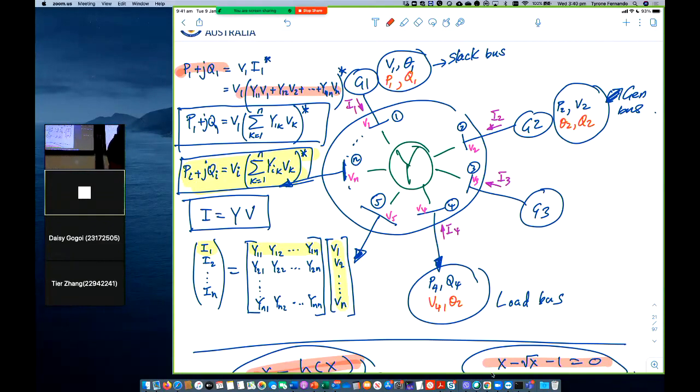So that pretty much is a summary of what we've discussed so far for load flow, what you see in this picture. If you're able to take a clean sheet of paper and draw that and write those equations, I mean those equations will be given to you, but if you can write it, then I think you understand.